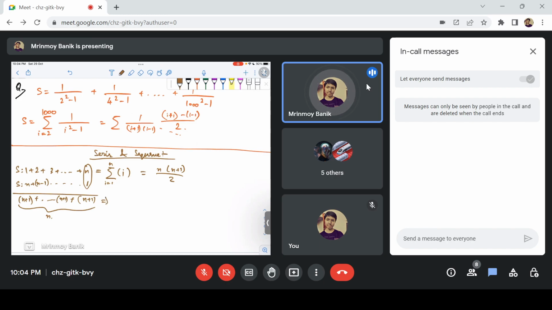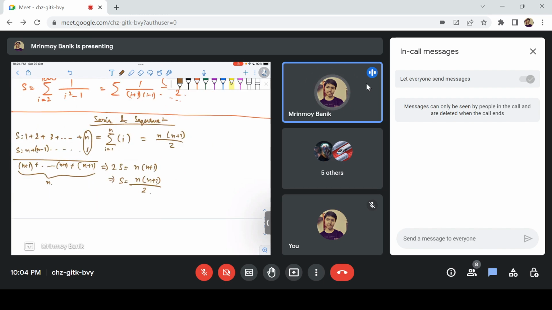So this sum is basically 2s equals n times n plus 1. So that is s equals n into n plus 1 by 2. Similarly, not exactly similarly, but using similar tricks, you can derive 1 plus 2 squared plus 3 squared plus 4 squared, like that up till n squared, equals n into n plus 1 into 2n plus 1 by 6.